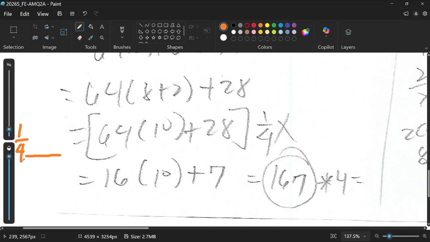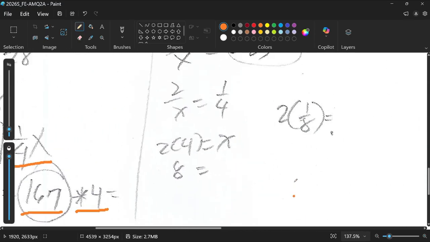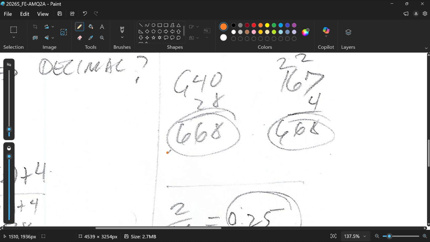But I didn't do it. And that's why I later on found out that the answer isn't in any of the choices also, which led me to look at the steps again and found that I did something wrong with this part. And I had to multiply it with 4, which led me to 668, which is what the answer in letter B is without the hundredths place yet.